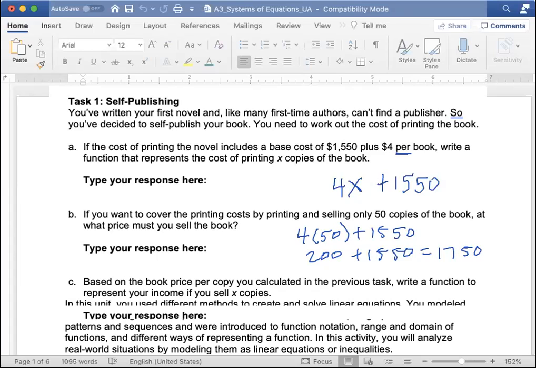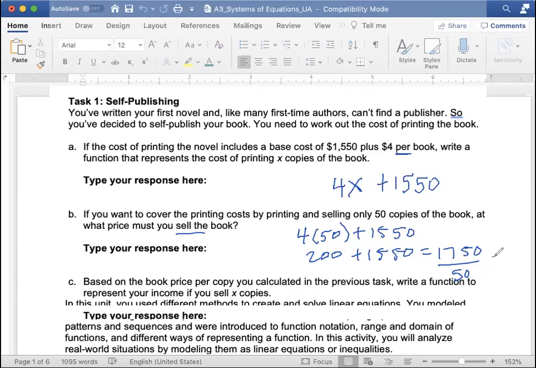How much would you need to sell the books for? So if you're only making 50 books, then you would divide the total cost of what it is to produce the books, the 215.50, and then divide that by the 50 books total.